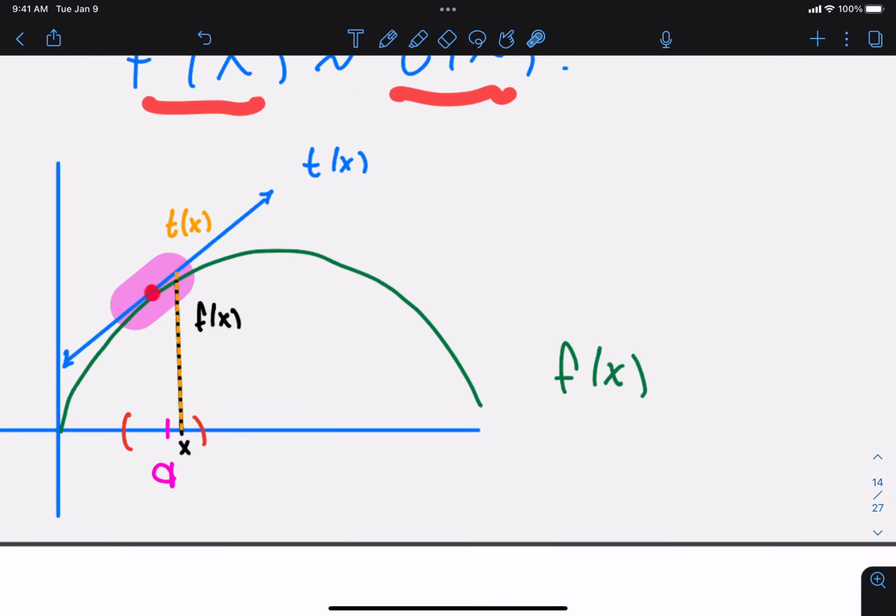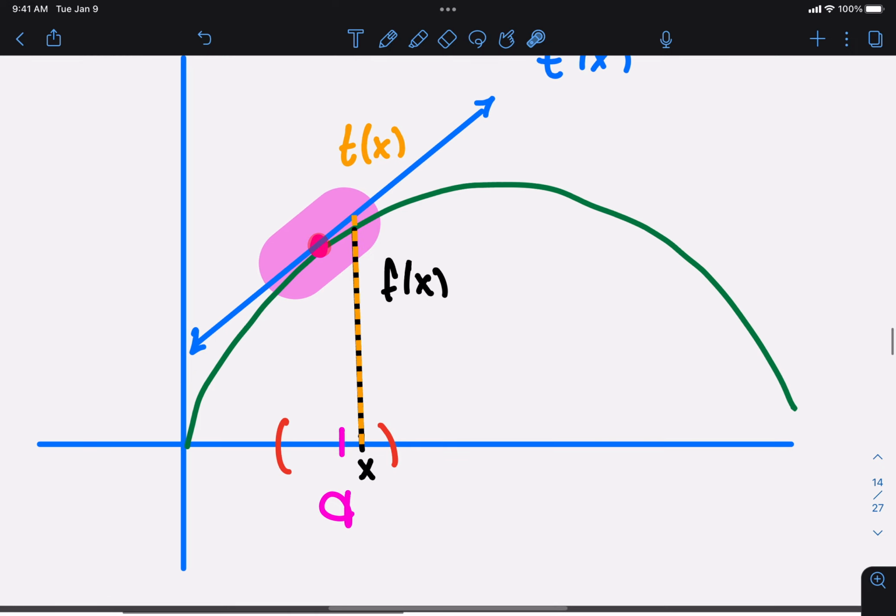You can see that in this pink region here. If I wanted to guess the height of this black line, which goes from x up to the green curve, it's not that different than the height of the orange dashed line, which goes from the x-axis up to the blue line. So that's what tangent line approximation is.